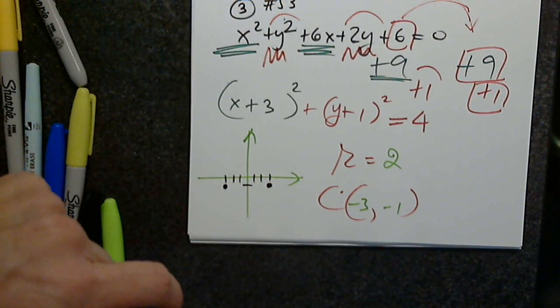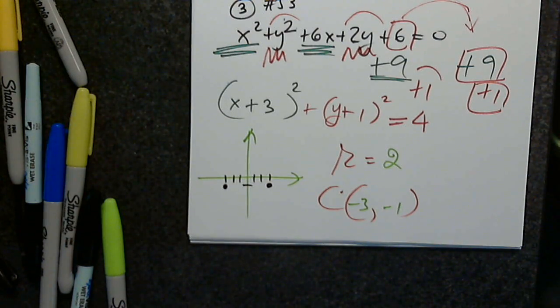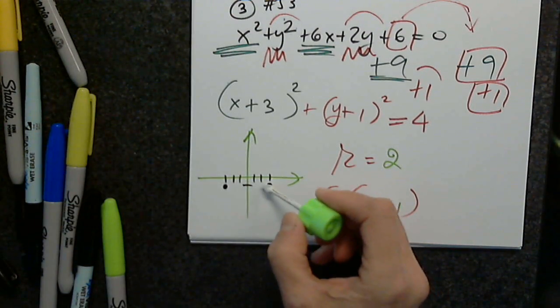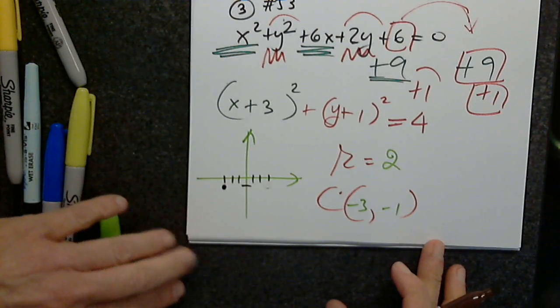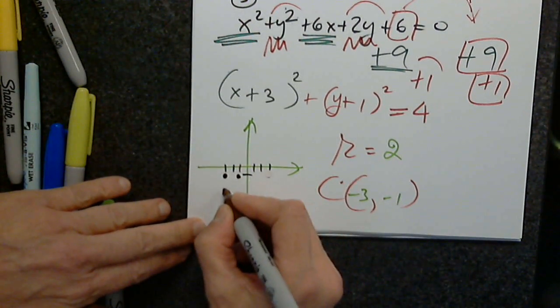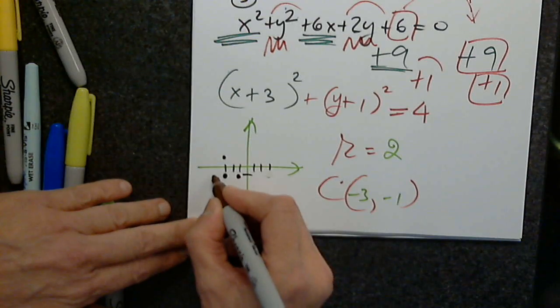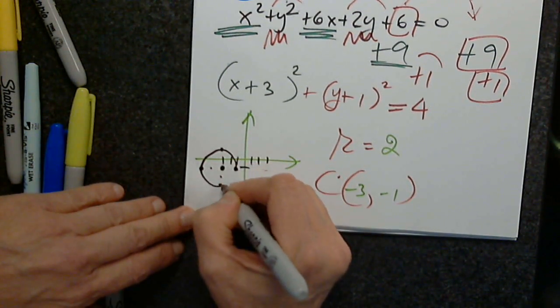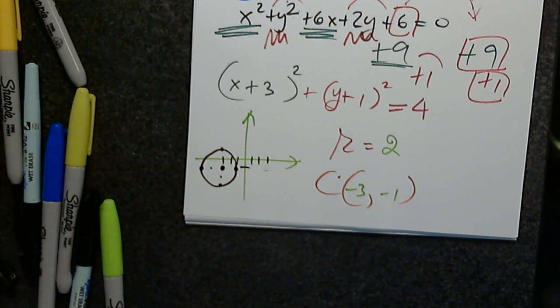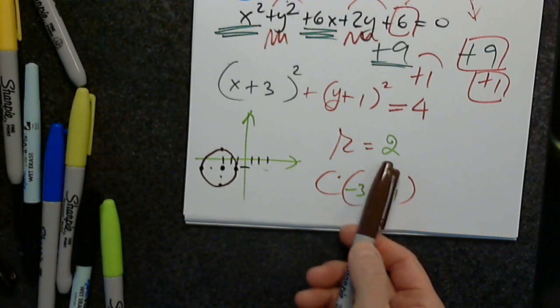Daydreaming. My apologies, of course. So that's correct. It's -3, -1. Yes, -3 for x, -1 for y. Perfect. Thank you. My apologies. So 2 points, 2 points, 2 points, 2 points. So this is the graph of the circle centered at -3, -1 with a radius of 2.